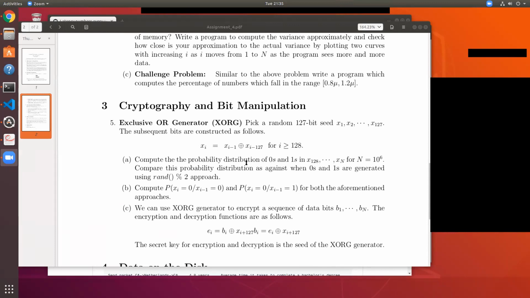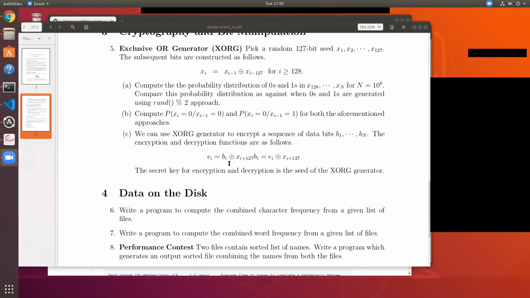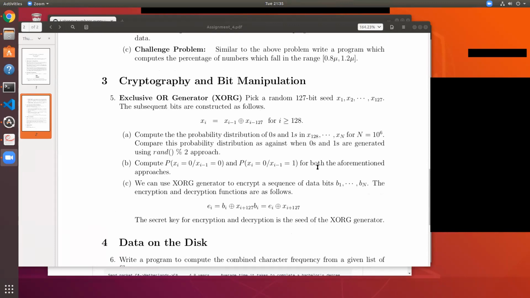First get. Okay, last crypto problem. Okay.